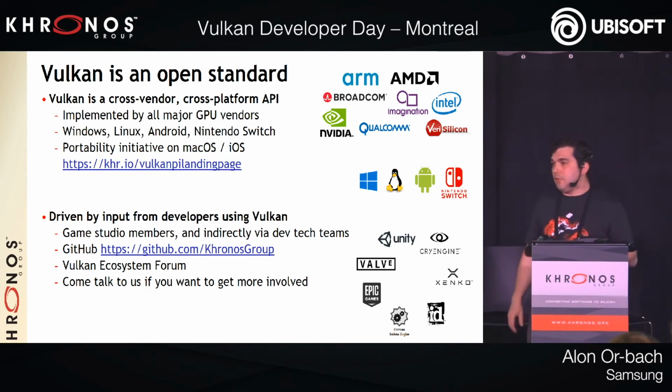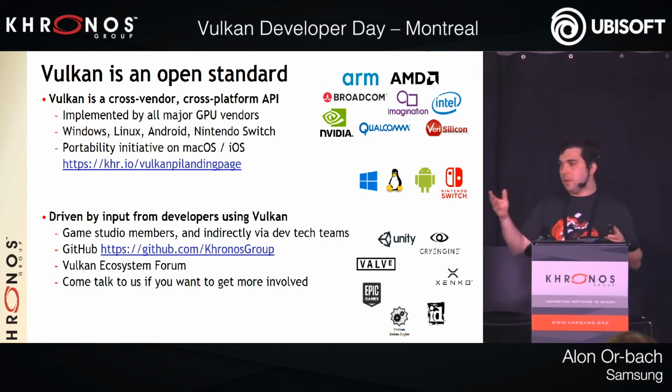We are really driven by input from developers, as I mentioned. So we have direct members as well as our dev tech teams getting your input, making sure that's what we do. But there are also other ways that Khronos and the Vulkan working group are trying to directly get your input, and not just via dev tech teams, which sometimes skew things slightly. I talk from experience. But also we have more and more stuff on GitHub. There'll be a list in a second of what that entails.